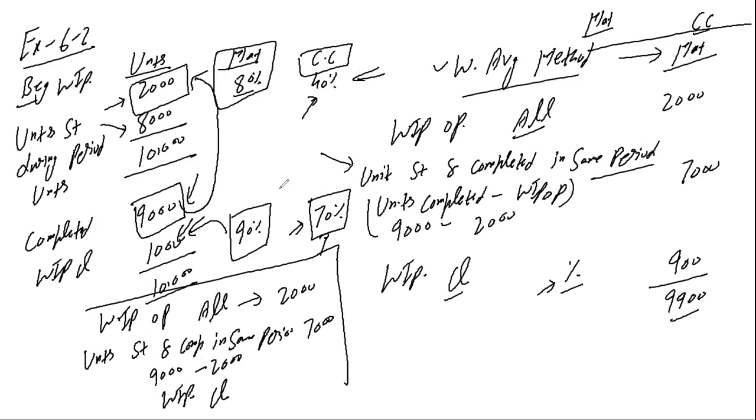You will have to take 70% of 1000. So you will get how much? 700. So like that, students, you will get the answer 9,700. So this is the method we discussed, weighted average method, how to calculate equivalent units of production for material and conversion cost. All right.